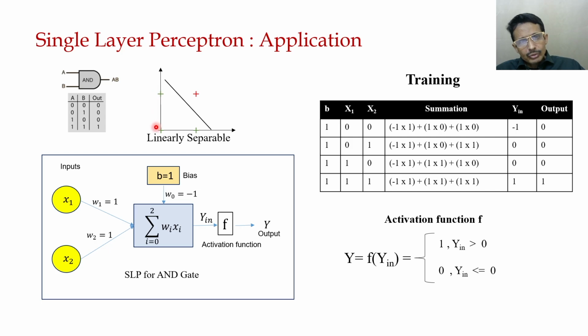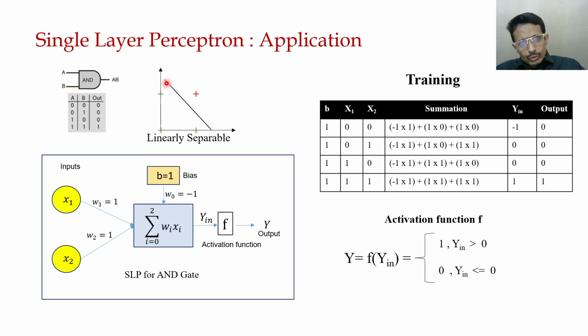So there are 3 points on one side and a single point on the other side. This data representation can easily be separated with a single straight line. So we can say it is linearly separable.